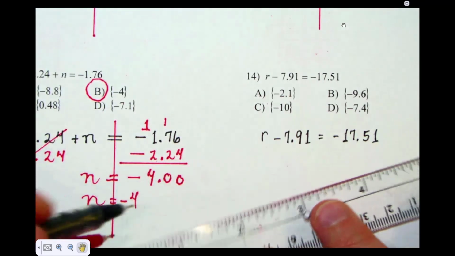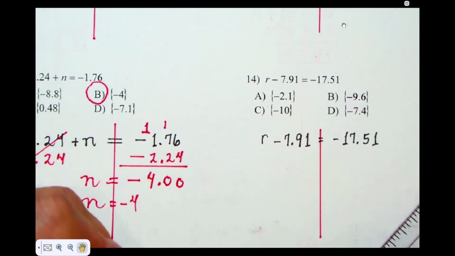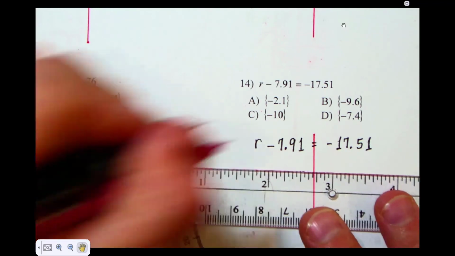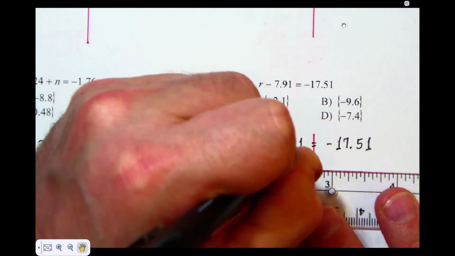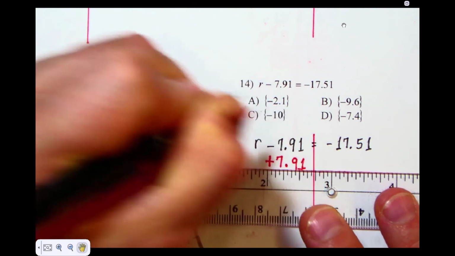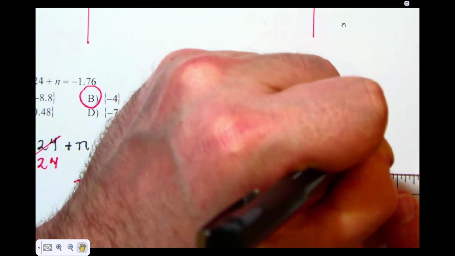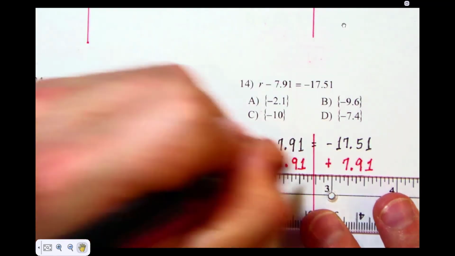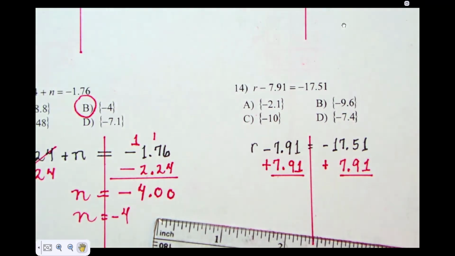Okay, well, it looks like it's hard, but we just start with our red line. We don't let anything phase us. And now we're going to add 7.91 to both sides. Draw that line there.